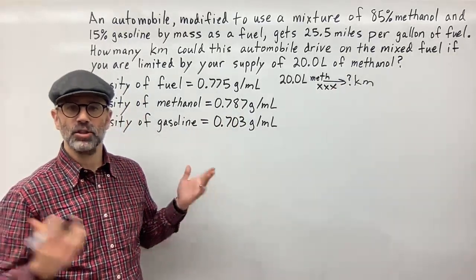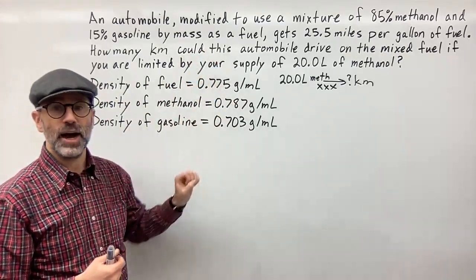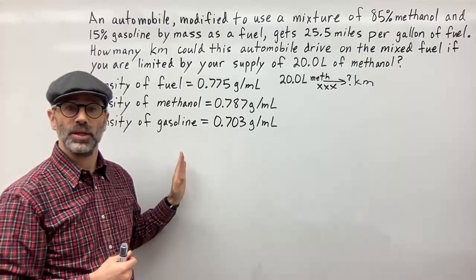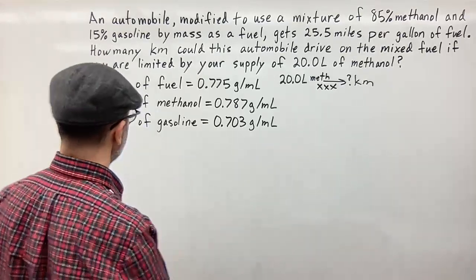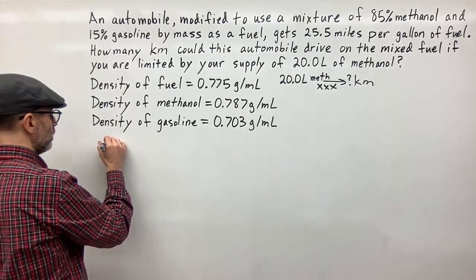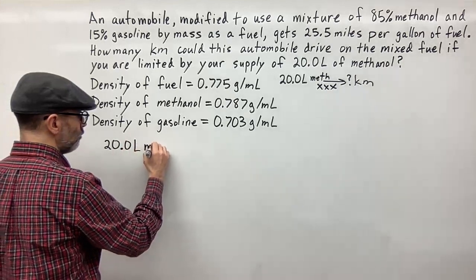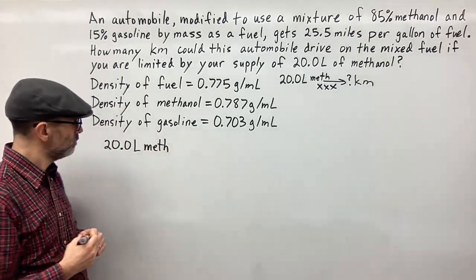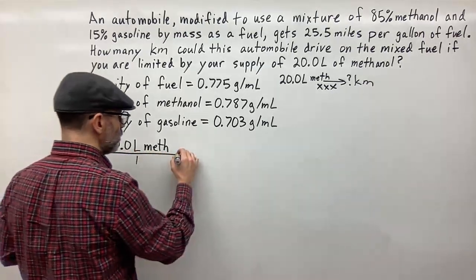All I need to do is pick my conversion factors in order so that I can get from liters of methanol to kilometers. So let's get started. I'm going to start with 20.0 liters of methanol, meth for short, over 1. And I'm going to start to convert.